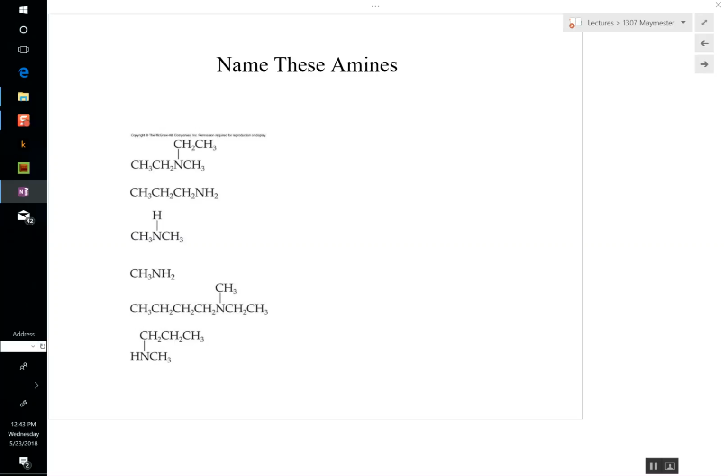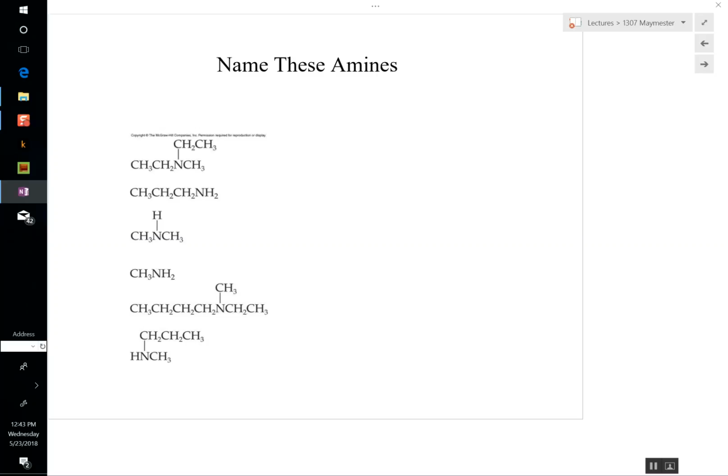Methanamine or methylamine. Dimethylamine. 1-aminopropane, or just propylamine. Propylamine would be the simple.